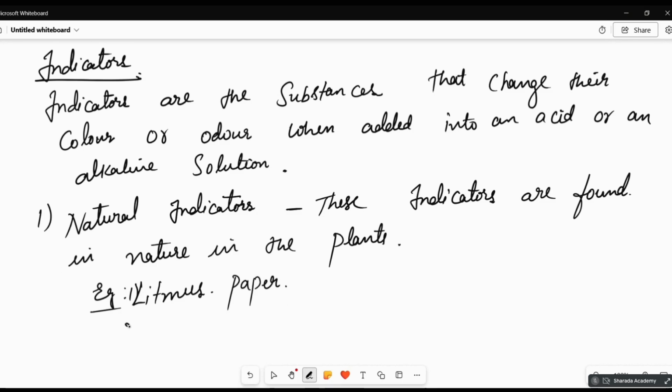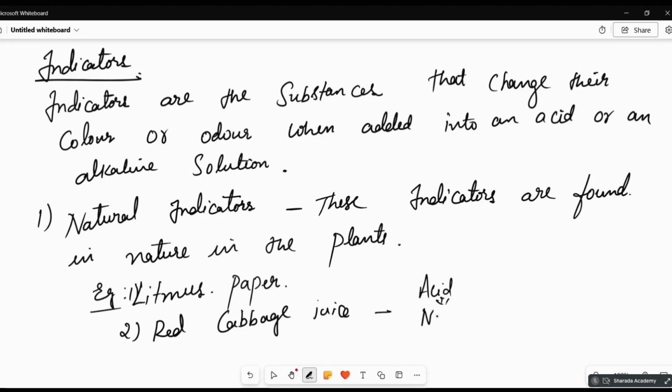Write down now. First one, second one, it is the red cabbage juice. So when you put an acid, what happens? There will be no change in color.